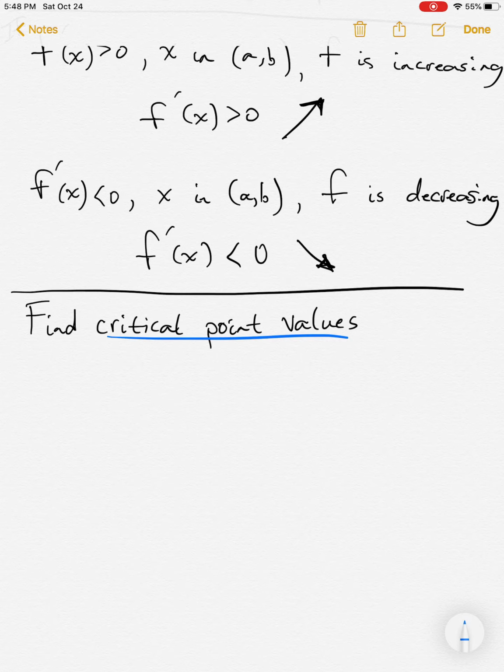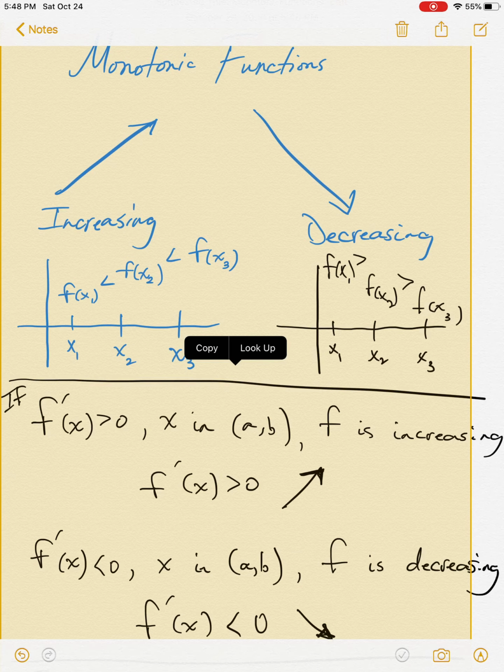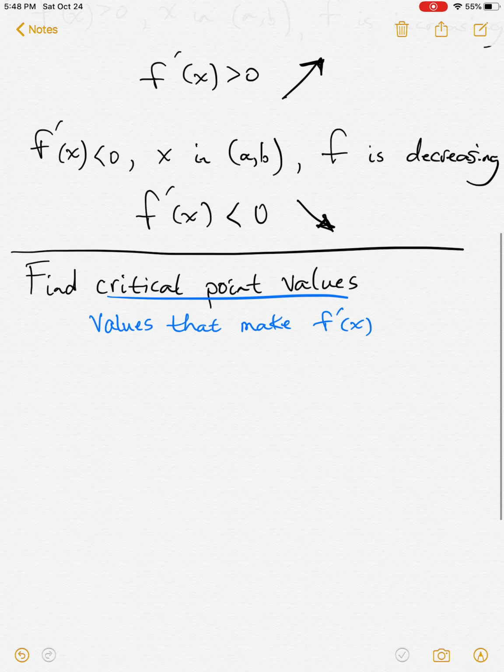Critical point values are values that make the first derivative 0 or undefined.